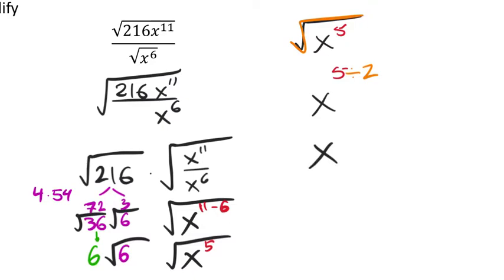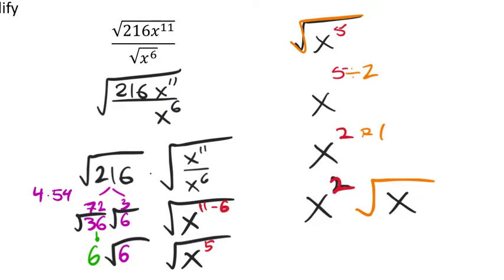Now, if you do that, you'll get x to the power of 2 with a remainder of 1. Right? So that tells you that you've got x to the power of 2, and then that remainder of 1 is a square root of x. Just make that red. Okay, so we have everything simplified.